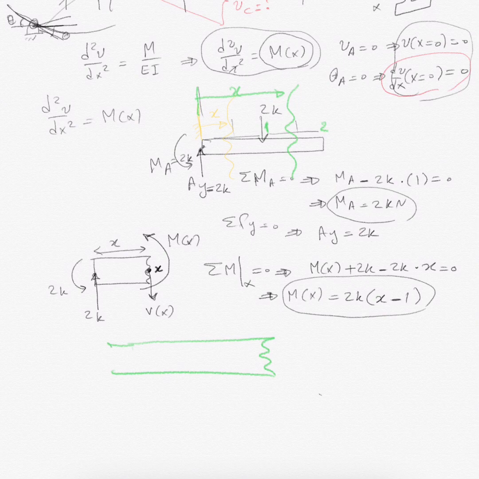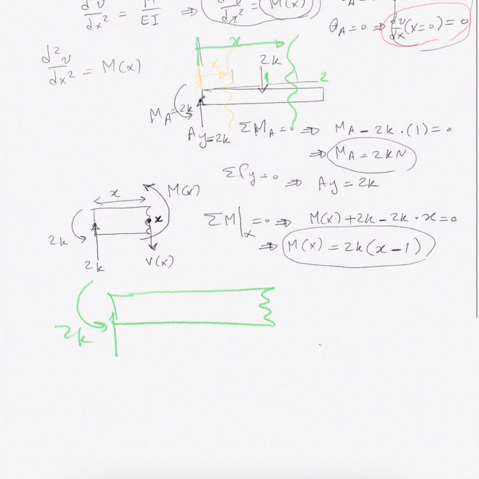If you want to use a brute force method, we have a 2k here, you have another 2k force up, and then you have a 2k right here, and at this point you have Mx, Vx. Yeah, you can go ahead and do that, but if you're smarter, you take the right side.